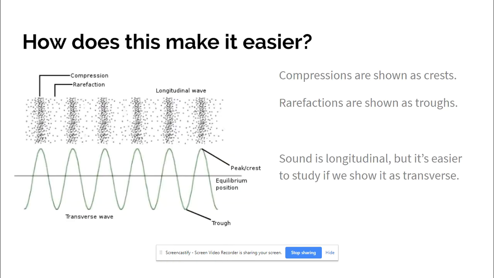Sure, sound is a longitudinal wave, but it makes it so much easier to show it like it's a transverse wave. You turn the compressions into crests, you turn the rarefactions into troughs, and even though sound is longitudinal, you got something that's easier to study.